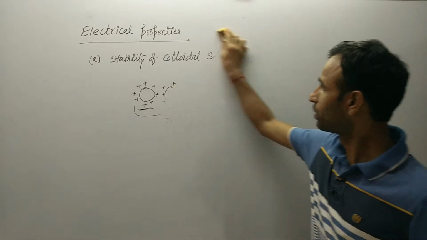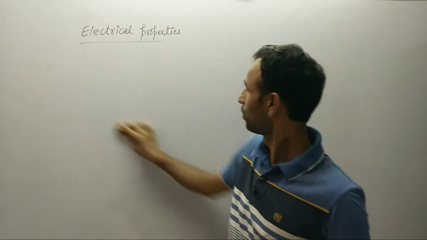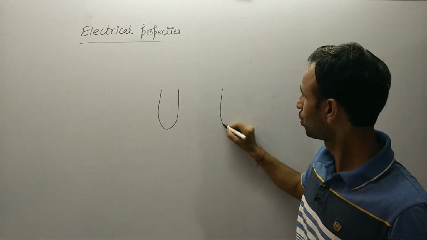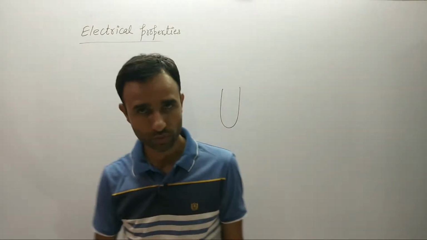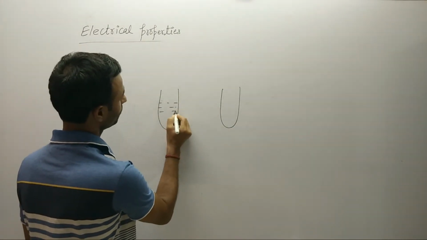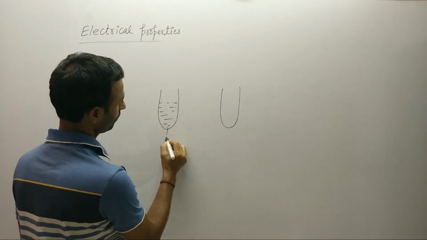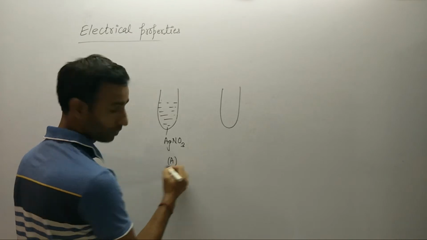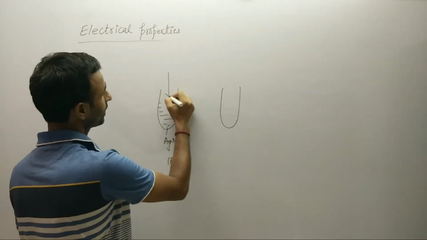That we will do like this. See, we have two test tubes. In the first test tube, we have AgNO3, and we add KI in it.